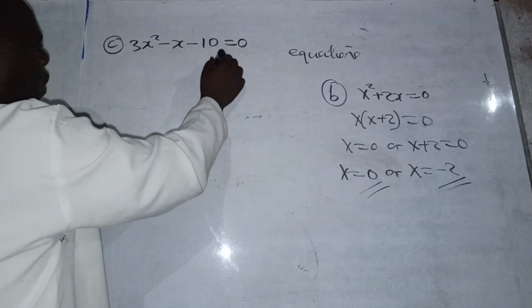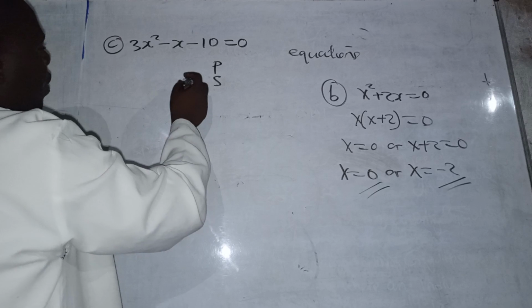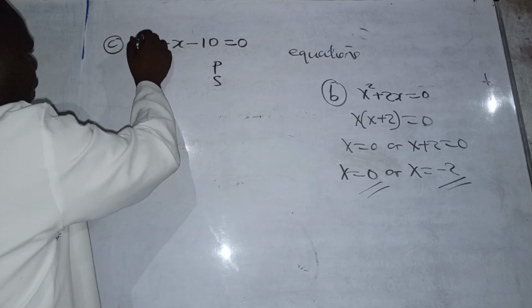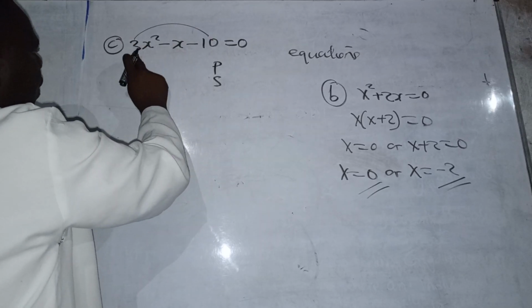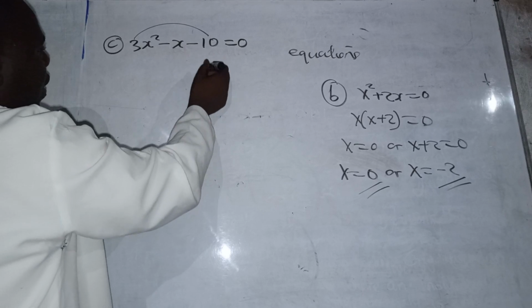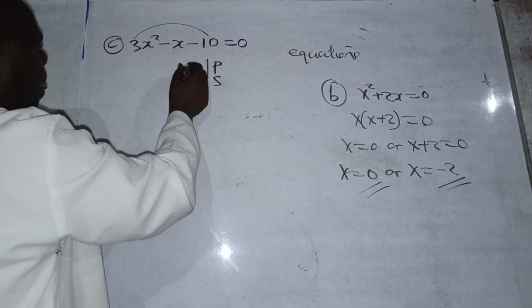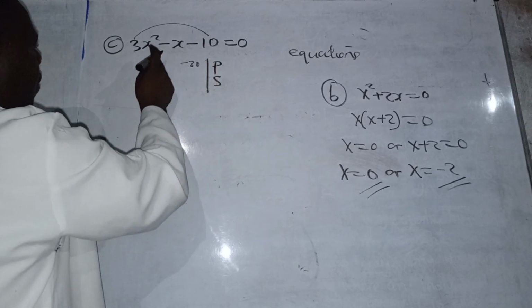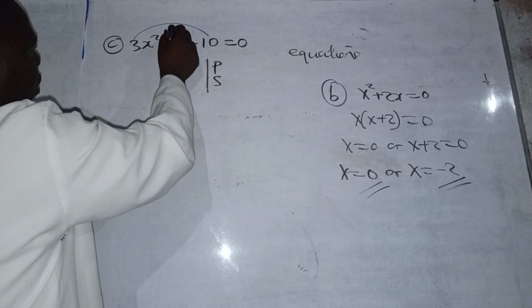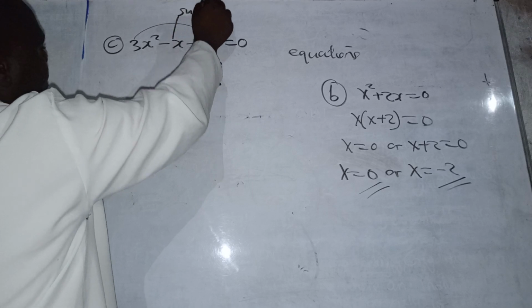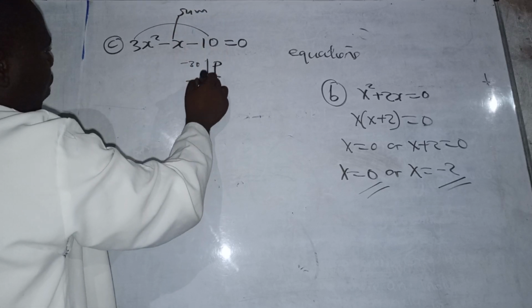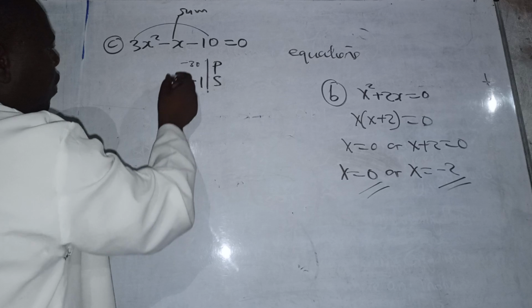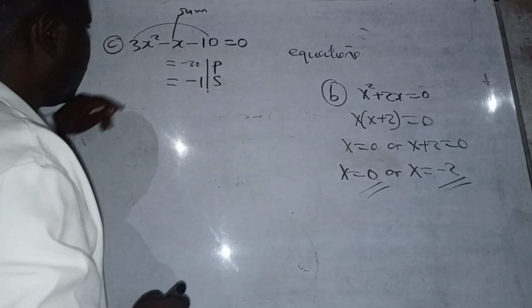So we look for product and the sum. So we multiply this times this, so 3 times negative 10. The answer is negative 30. Then again plus sum, this is our sum. So sum we get negative 1. So now we're going to look for two numbers.